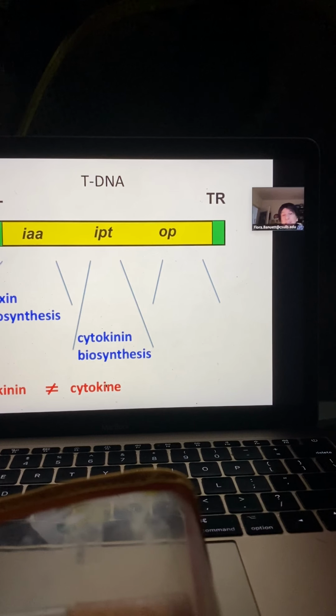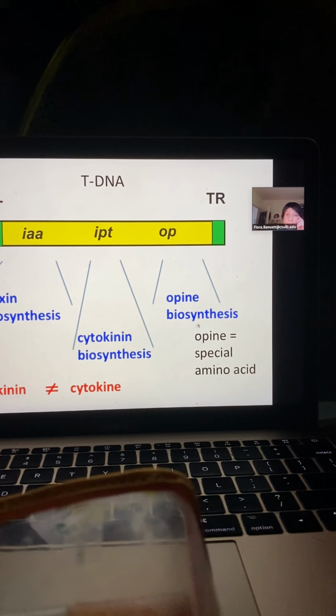Cytokinin is different from cytokine, which is present in humans and other mammals, and this is involved in the inflammatory response. The cytokinin has nothing to do with inflammation in plants, okay? So make sure that you understand the difference and spell it correctly. And ops is opine biosynthesis.